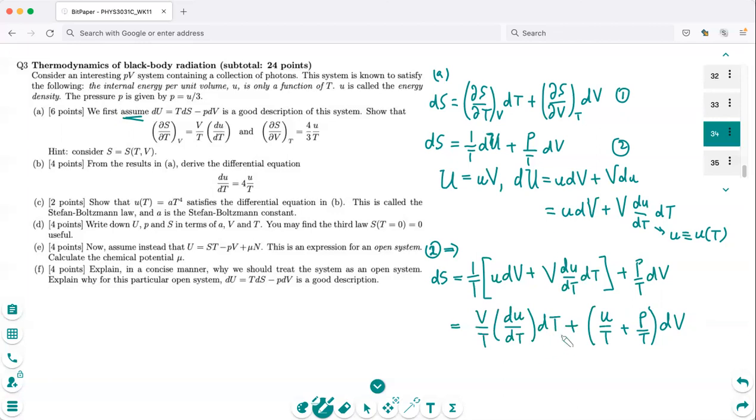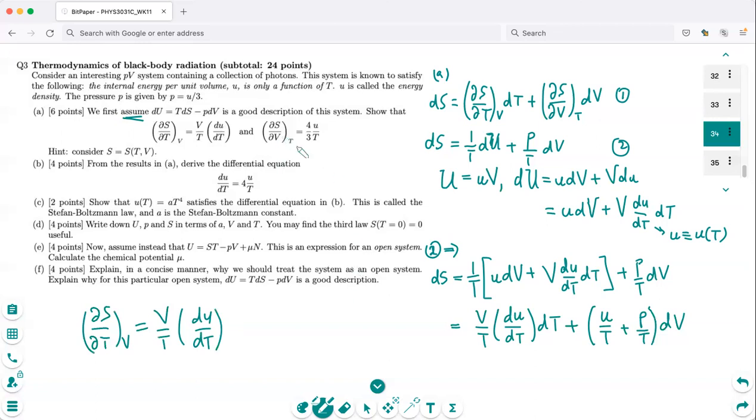Okay. And now we can compare with 1, and that's it. The coefficient of dT gives me this. This is the expression I want. So I compare the coefficient of dT, and I will have this result. And this is the same as V over T du/dT.